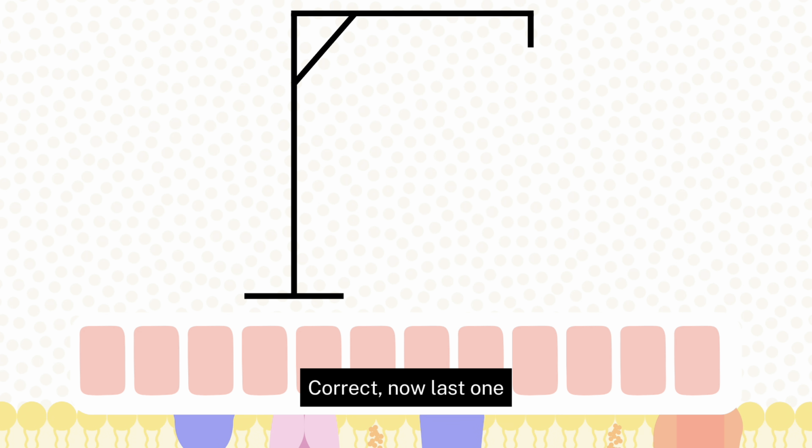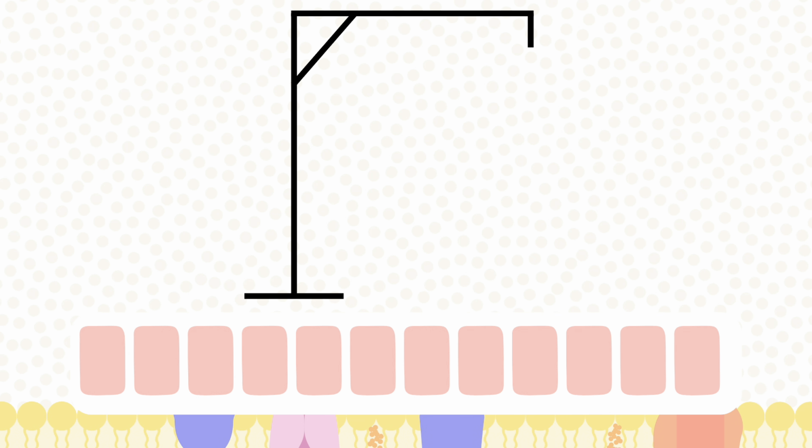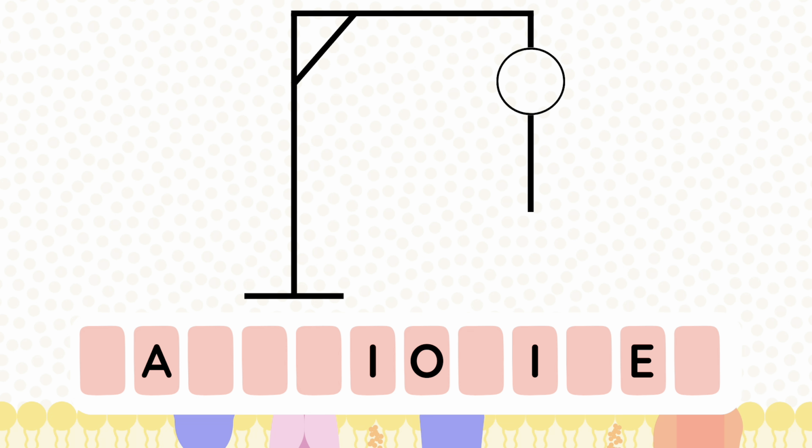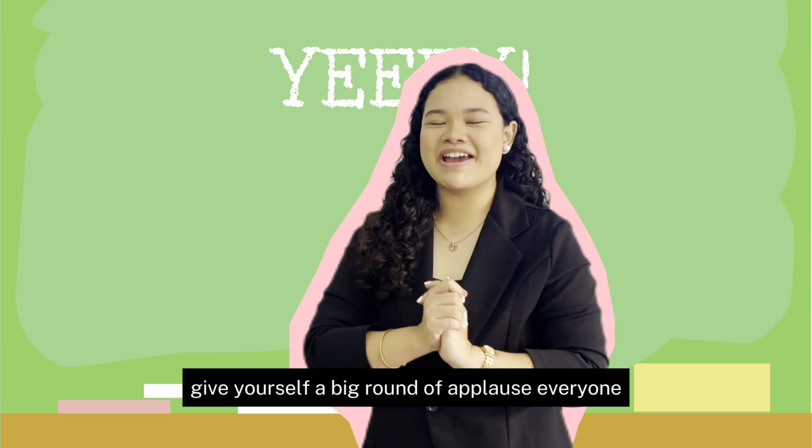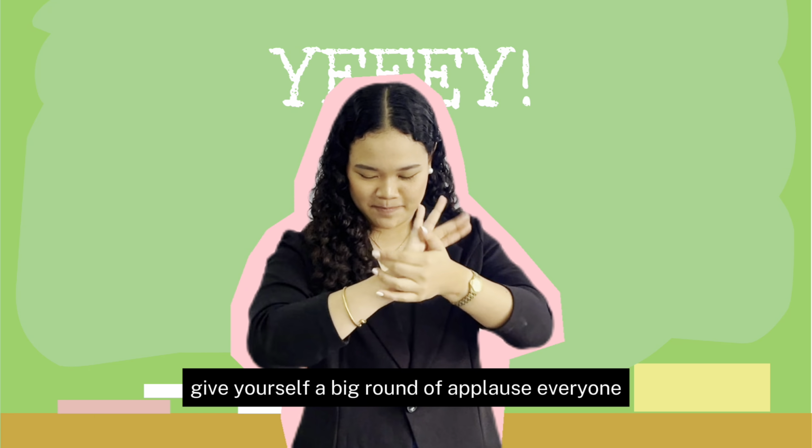Correct. Now last one. A. E. I. O. U. Y. X. S. Glycosides. Correct. Give yourselves a big round of applause, everyone.